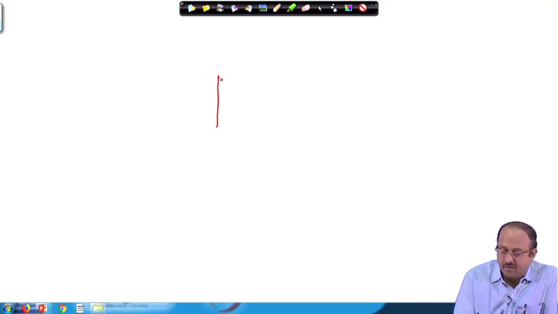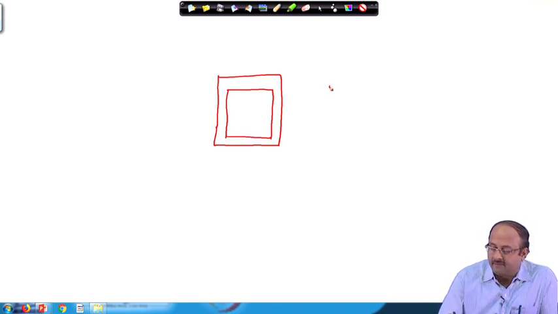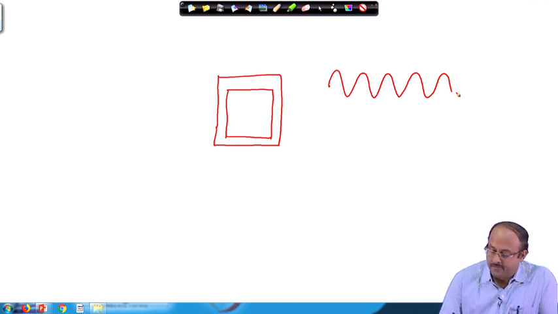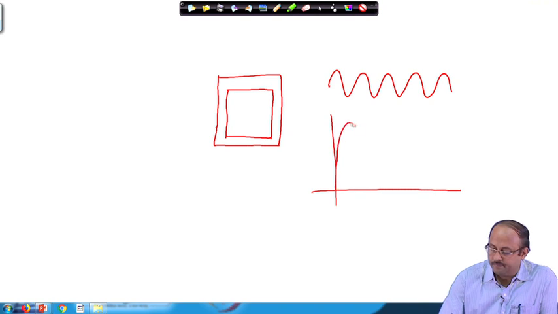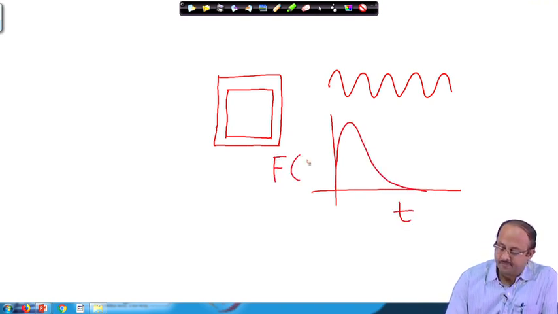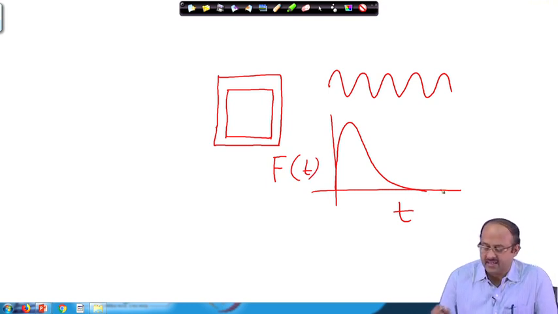Like here we have the equipment, the vibrational loading is this kind of steady state loading, whereas the shock loading is something like this. So, the force depends on t in somewhat this kind of manner.